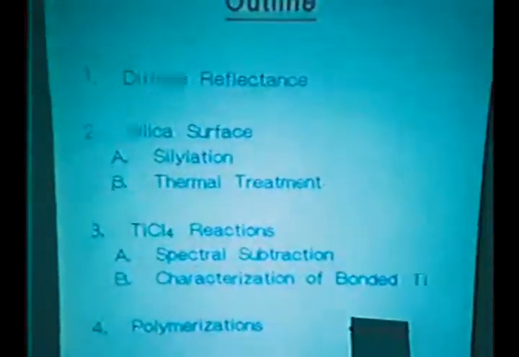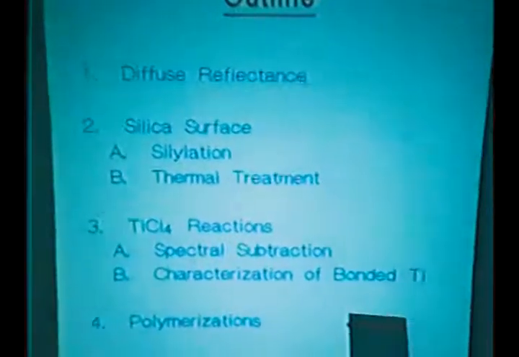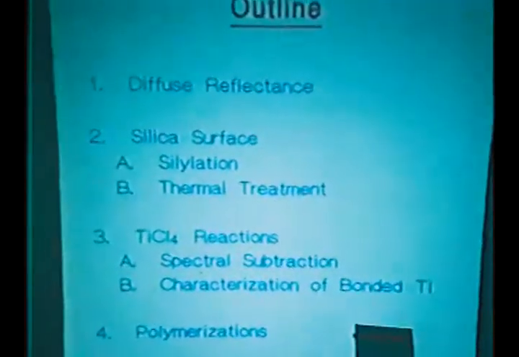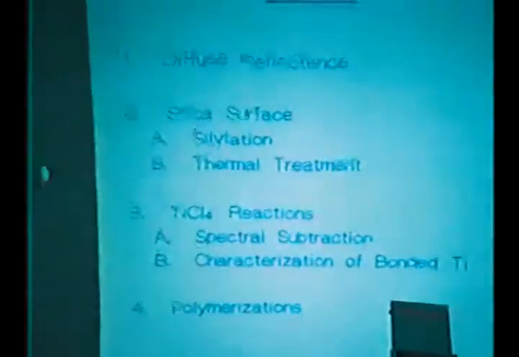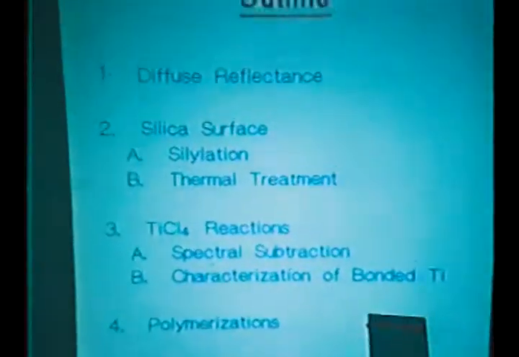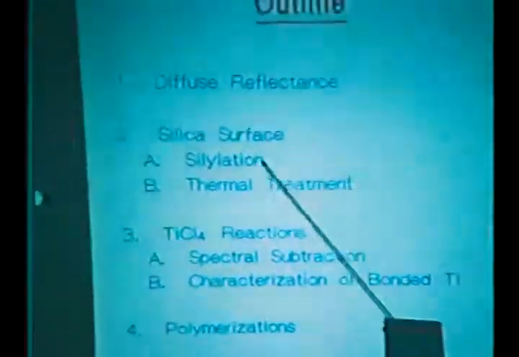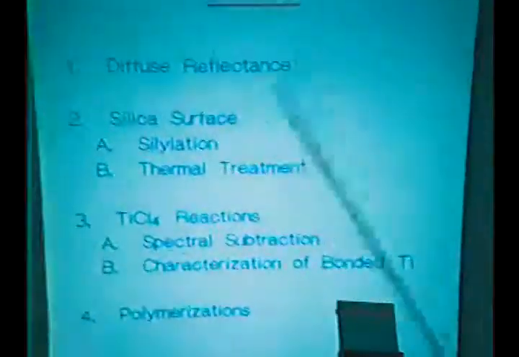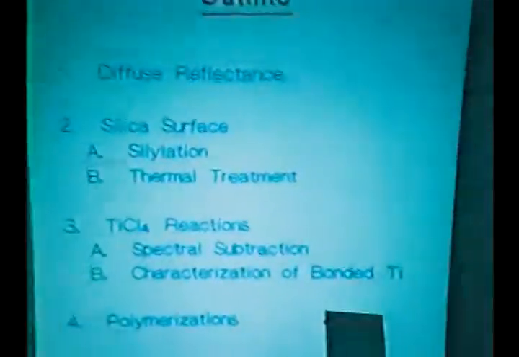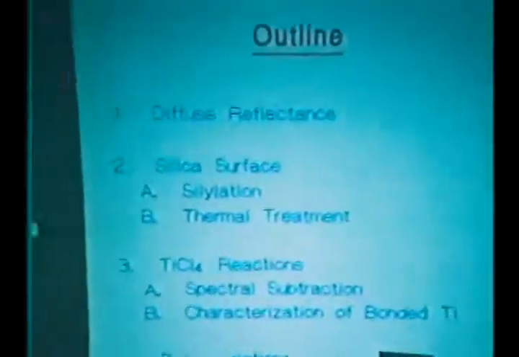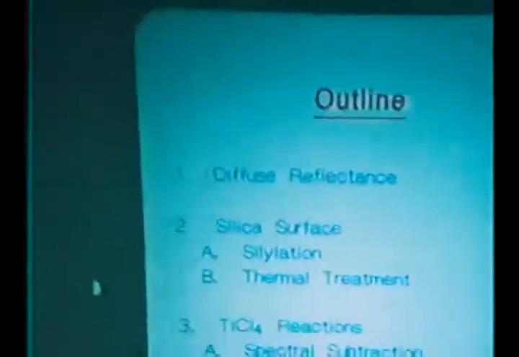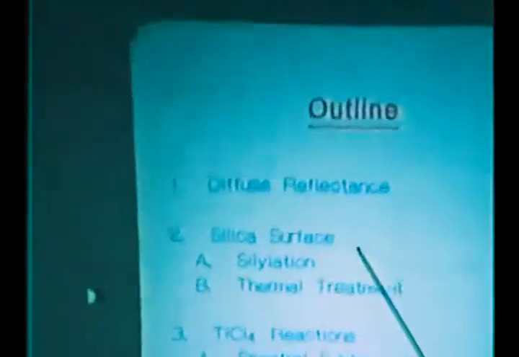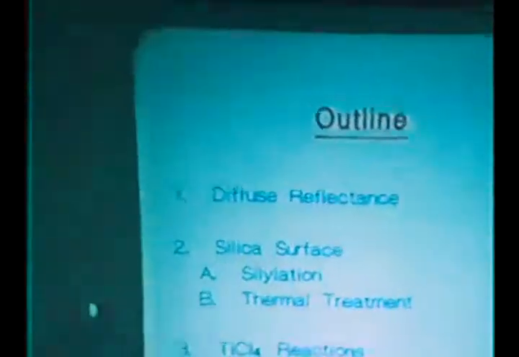I'll then talk about the conventional wisdom of what kind of surface functional groups are on silica and how you can modify them by either chemical treatment, that is reaction with organosilanes, or thermal treatment at various temperatures. I will then take these modified silicas and react them with titanium tetrafluoride.